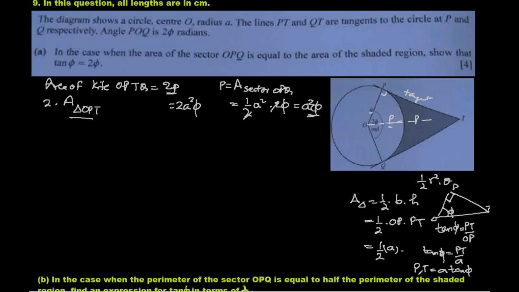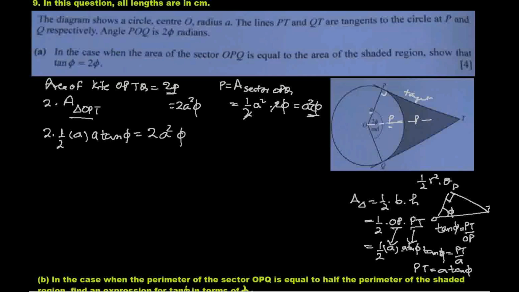And that's what we're going to write in our main equation. 2 times area of OPT is half, base is A, A tan phi, this is what we got as PT, right? So A times A tan phi equal to 2A square phi.